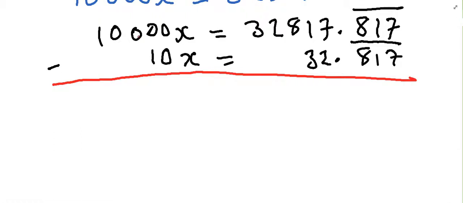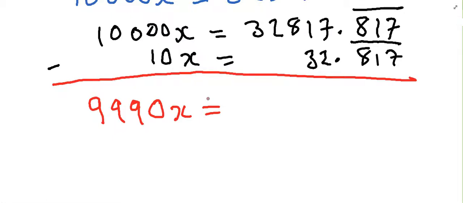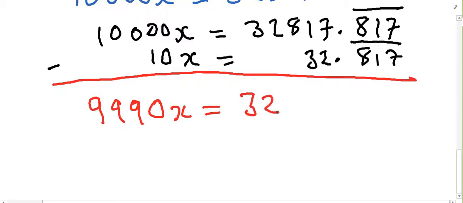I'm sure you have answered something like 9990x, which is going to be equal to, then we are going to subtract 32,817 minus 32, and this is going to give us 32,785. Okay, 32,785, guys.